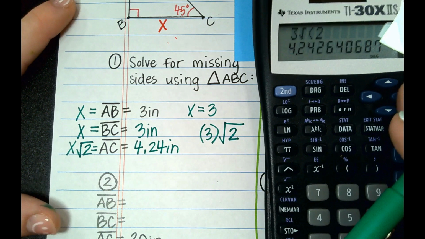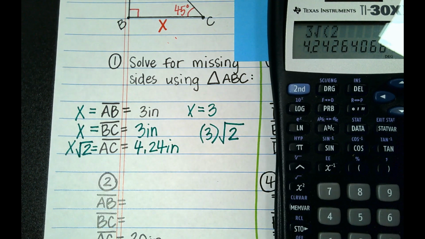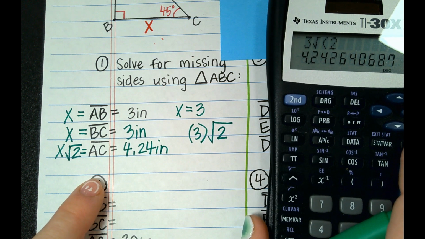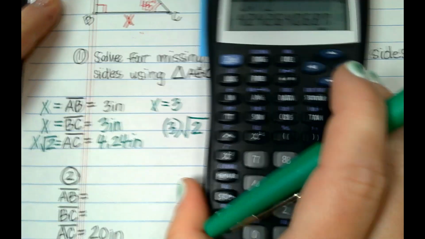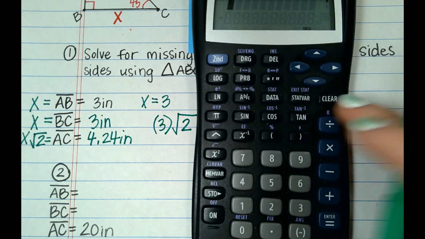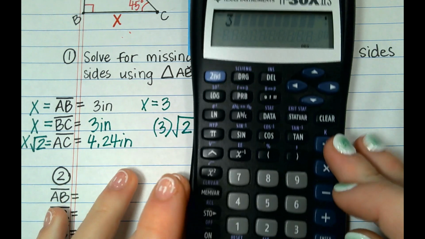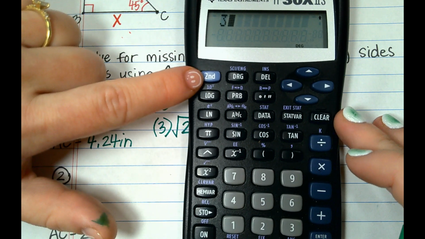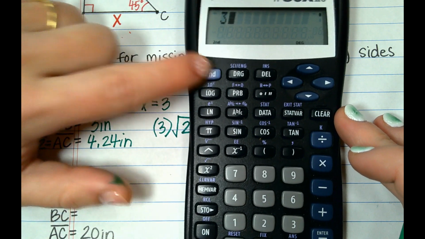Okay. What did you get on your calculator? I think I'm hitting the wrong thing up there. Okay, here, I'll run through it again. So just look up here. We're typing in 3 square root of 2. So we're just going to start with the 3. And then to get our square root, we're going to hit that second button, the blue one.